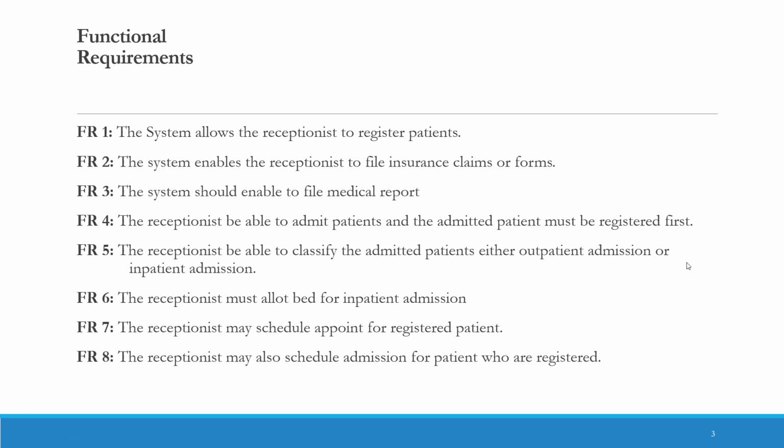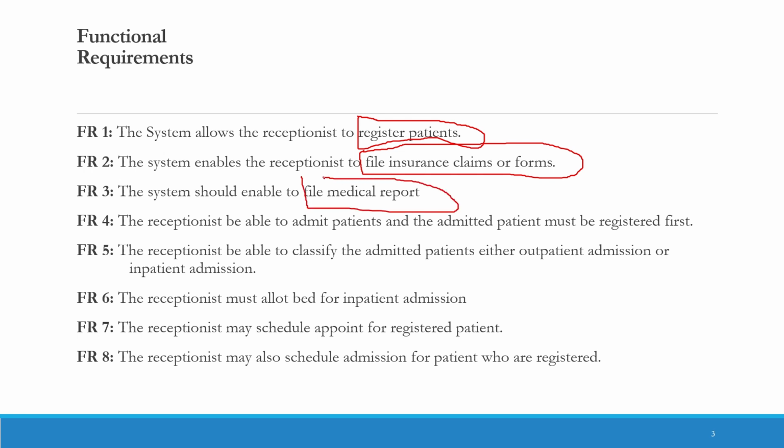This is what the system is expected to do, registering patients. The second functional requirement: the system enables the receptionist to fill insurance claims and forms. So one of the main functions of this system is to file insurance claims. The third functional requirement: the system should enable filing the medical report. Filing the medical report is another expected function of the system.